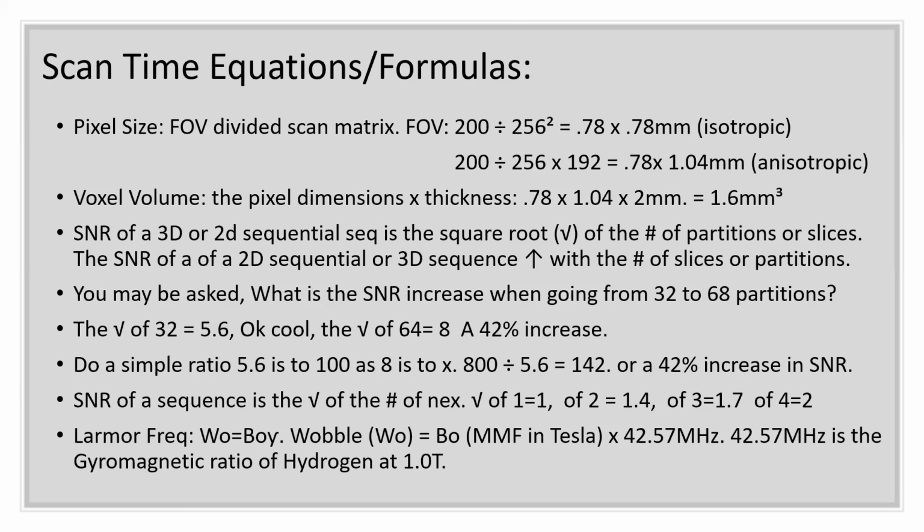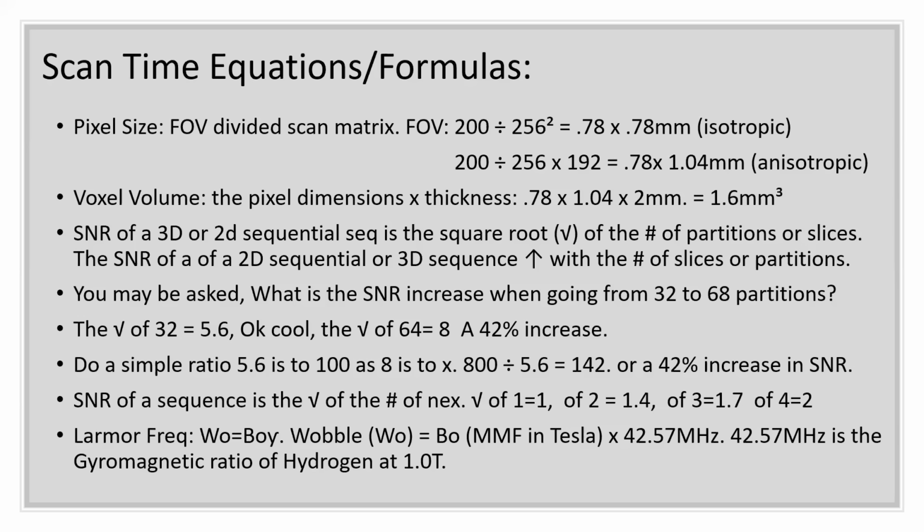Also know that signal to noise in a 3D versus 2D, it's the square root of the number of partitions. So have you ever noticed when you're doing a 3D sequence, as you go up in partitions, oh, I need a little bit more coverage on this circle of Willis. So you go up a couple of locks, your scan time goes up, but so does your signal to noise. It's a square root relationship.